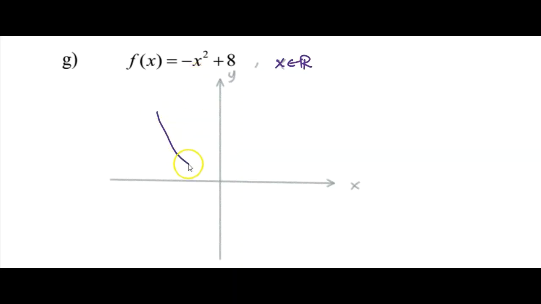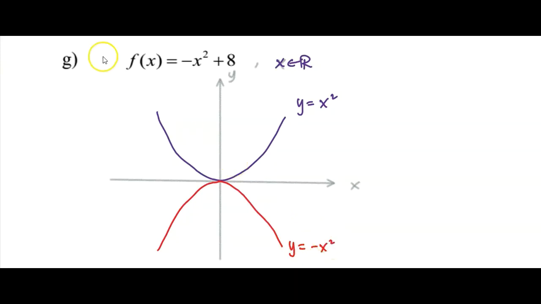We start from y equals x squared. Now I want to sketch y equals -x squared. I just need to reflect the graph about the x-axis. I have this parabolic shape opening downwards. This is your y equals -x squared, and this can be erased.